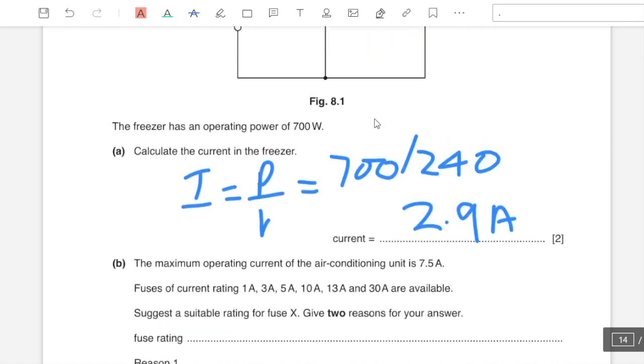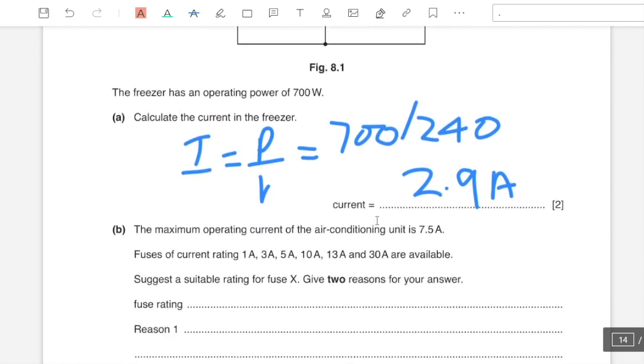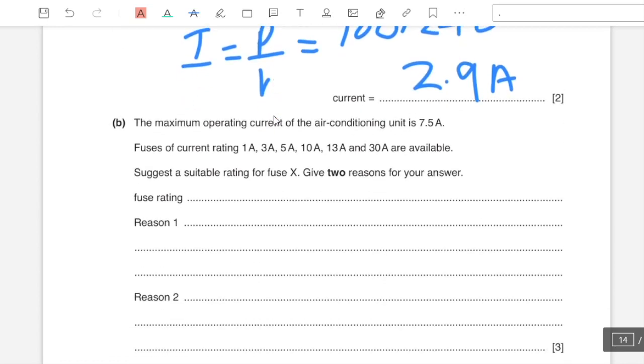Alright, so the total current in the circuit should at least be the sum of current in the freezer and the air conditioning unit. So if we add 2.9 with 7.5, this gives us the answer as 10.4 amperes, which means the fuse should have a higher value than 10, because if it is less than 10.4, the fuse would melt for no reason and the appliances won't work, even if the current is flowing regularly, even if it is not at a dangerous level.